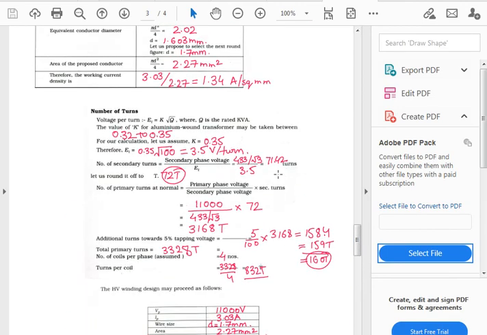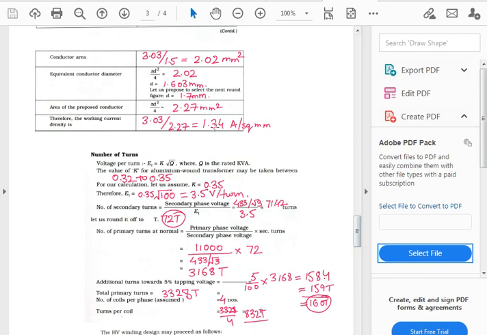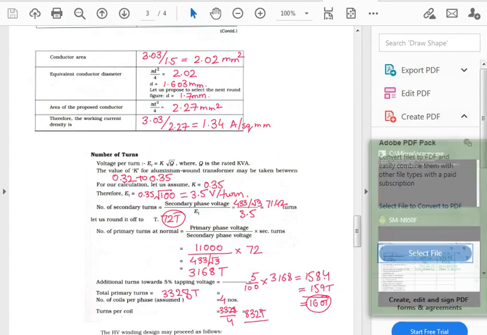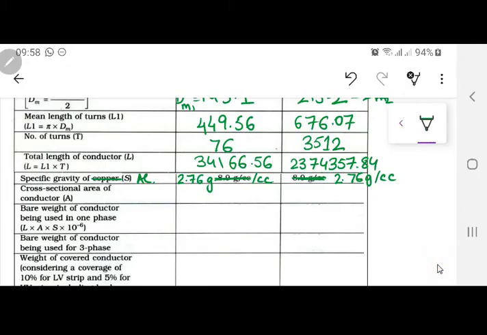Gee, what was the high voltage conductor used? Area of the proposed conductor 2.27 millimeter square. Find out for the high low voltage also. This is coming over here, 2.27 millimeter square. जी लो वोल्टेज के लिए क्या था, कुछ 90 समथिंग होगा, if I'm not wrong.